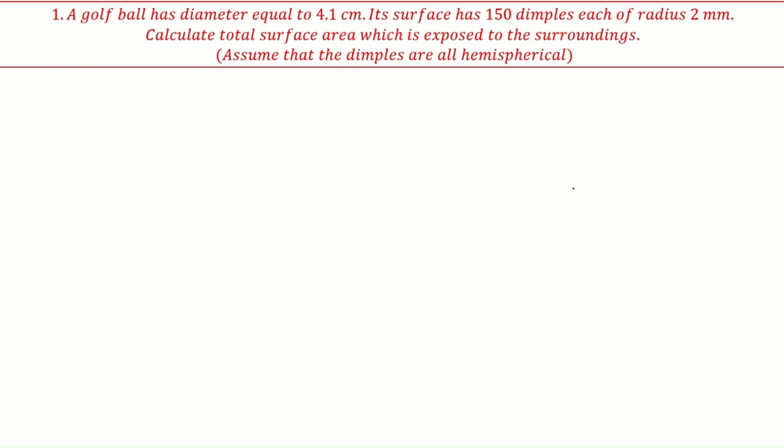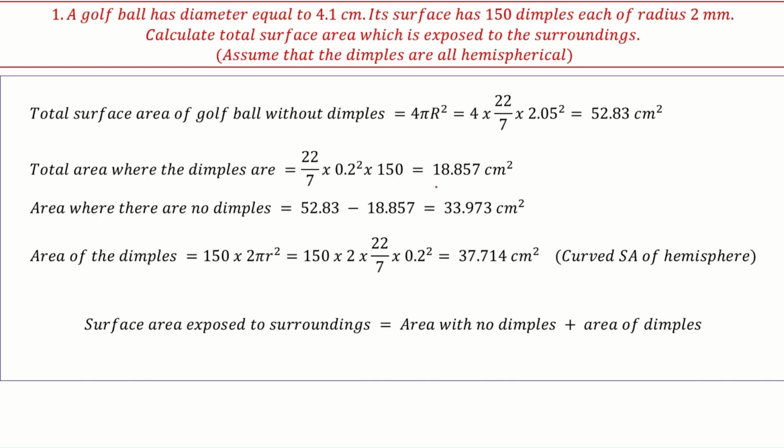Then subtract this, which gives the remaining surface area where there are no dimples. Okay, so let's see how to do this.